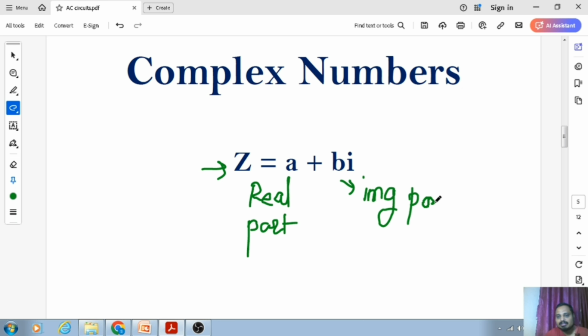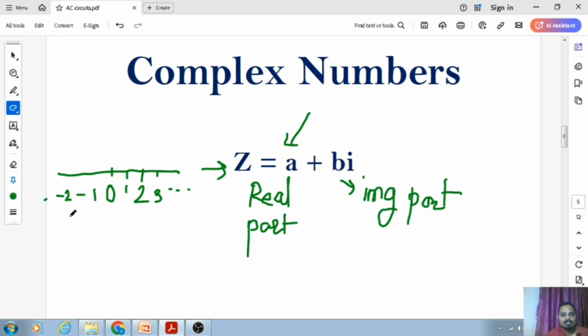The real part represents a real number on a real scale. If I denote it on the scale, here it is the center. Here we have 1, 2, 3 and so on. Here we have -1, -2 and so on. And the imaginary part can be represented on the y-axis.